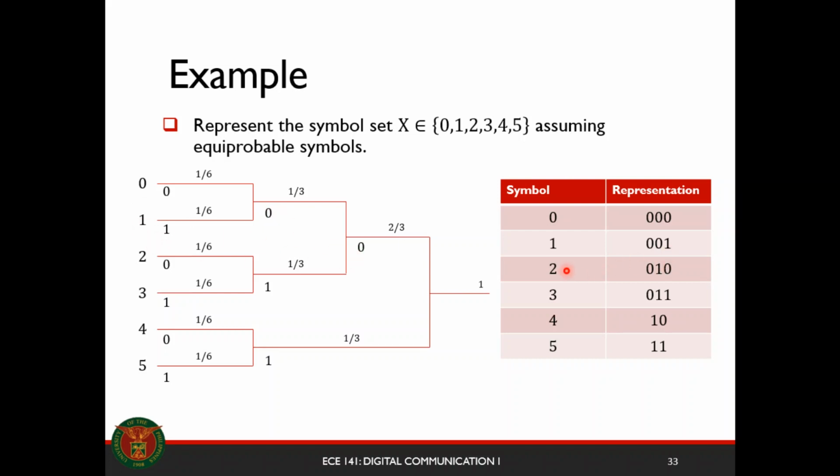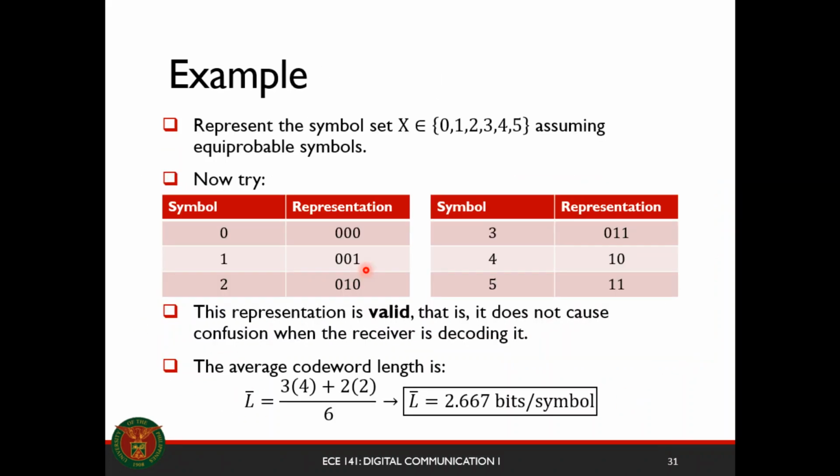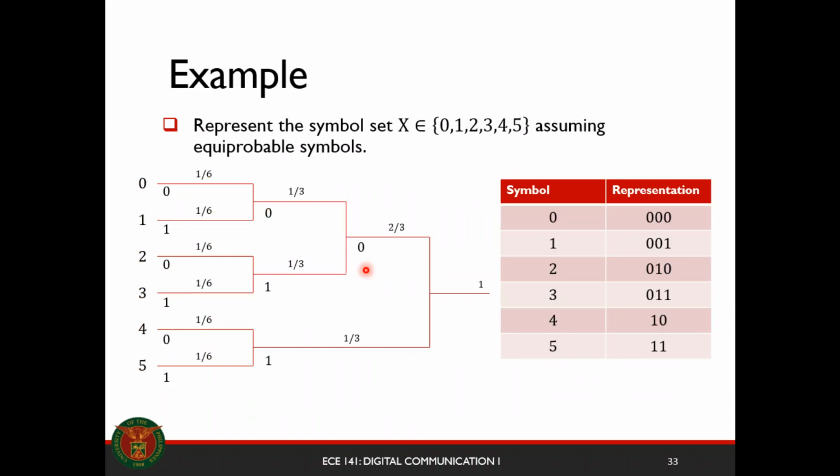Symbol 2 is 0, 1, 0. Symbol 3 is 0, 1, 1. Symbol 4 is 1, 0. Symbol 5 is 1, 1. This is the same thing that we had earlier from the previous example, but now we have formalized an algorithm to determine the representation.